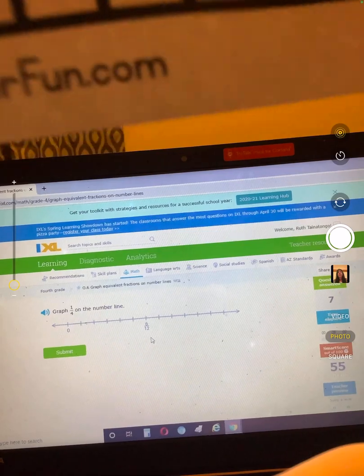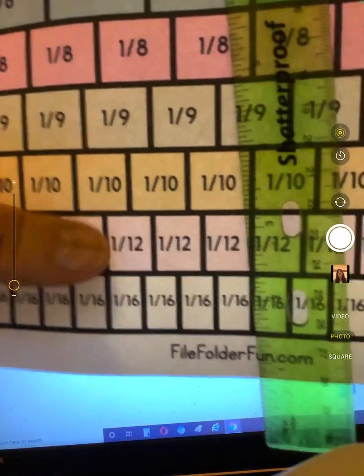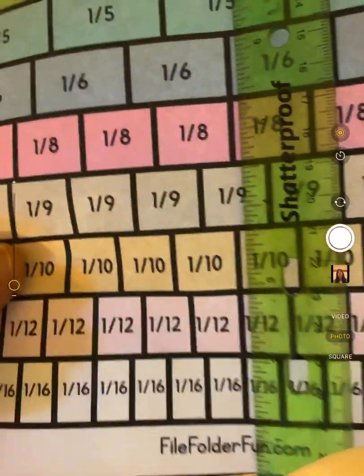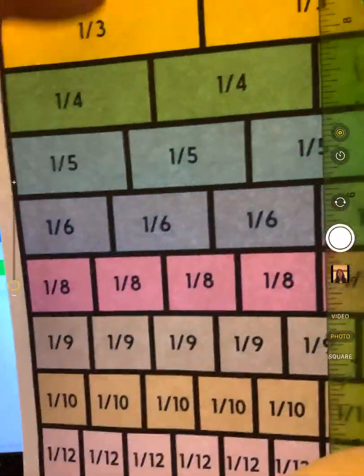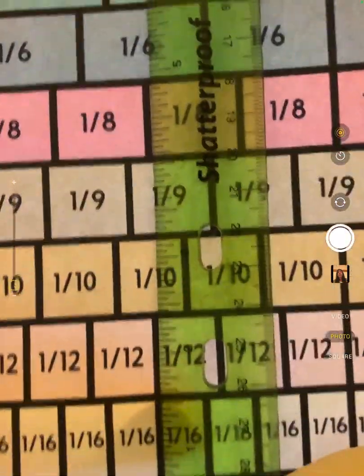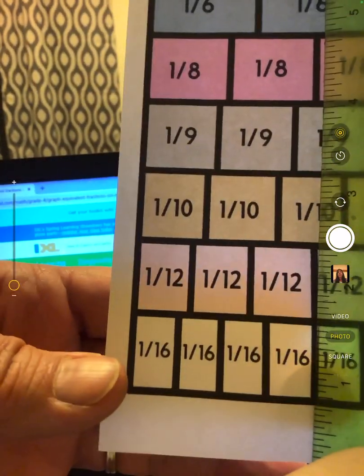So if I go all the way down to my 12ths and go 1, 2, 3, 4, 5, 6 12ths, that's 1/2. I want 1/4. So if I bring my line over here and go down to my 12ths, I have 1/4 up there. It's the same as 3/12. So then I can go over 1, 2, 3 12ths.